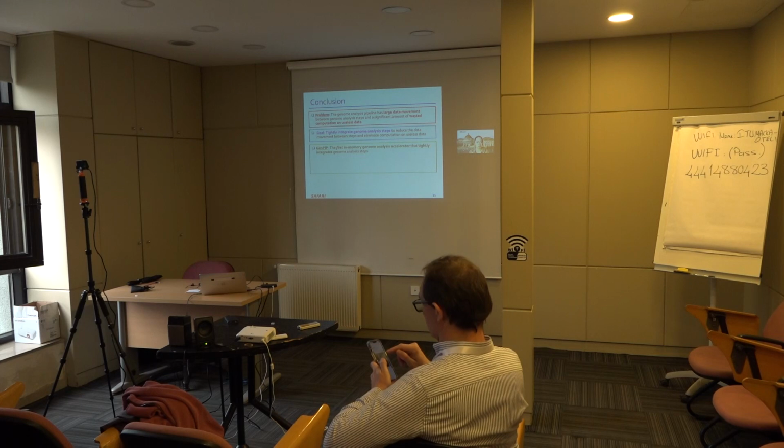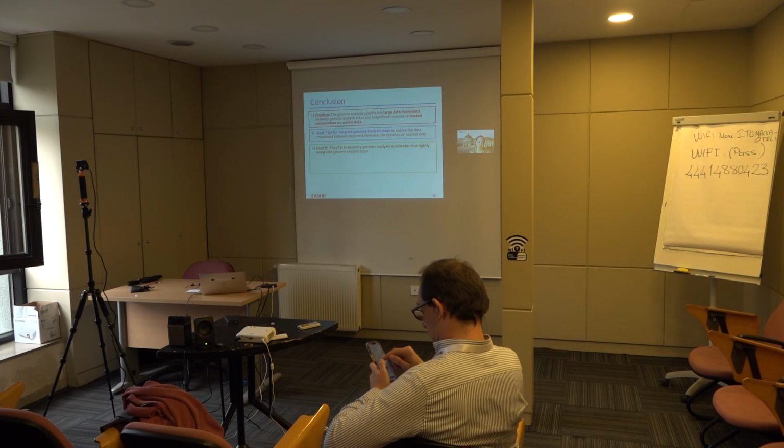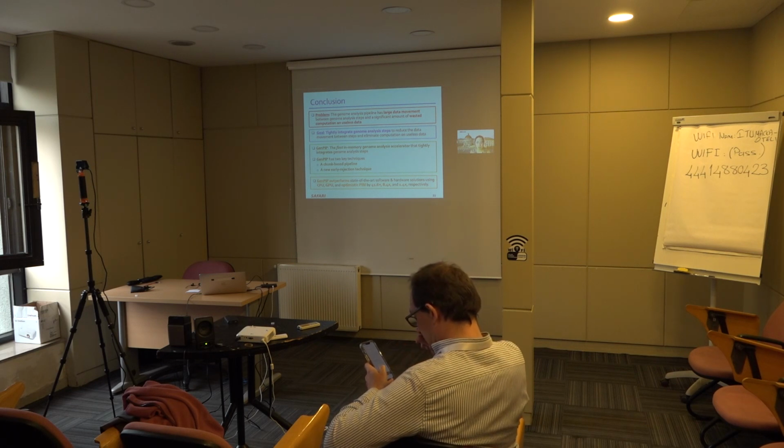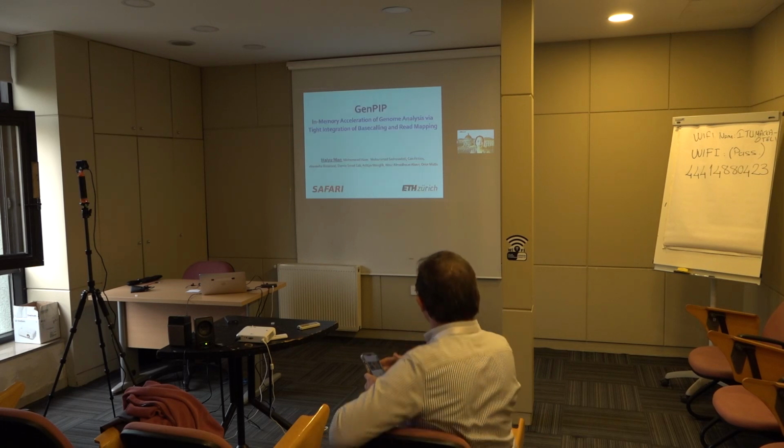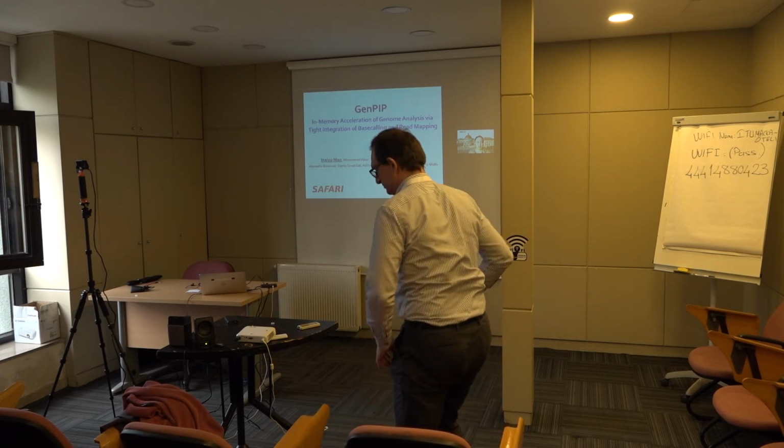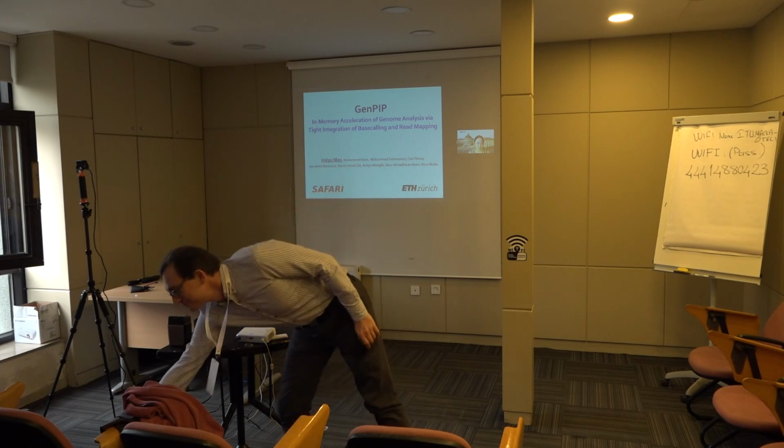That's why we propose GenPIP, the first in-memory genome analysis accelerator that tightly integrates the genome analysis steps. GenPIP has two key techniques, a chunk-based pipeline and a new early rejection technique. GenPIP outperforms the state-of-the-art software and hardware solutions using CPU, GPU, and optimistic PIM. That's all for my talk, and I'm happy to take any questions.